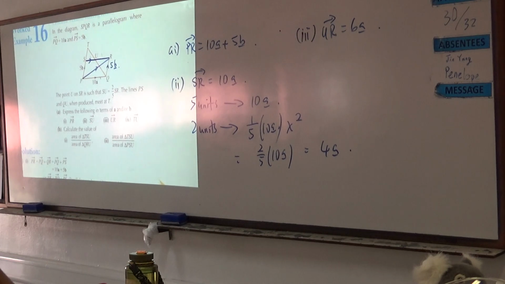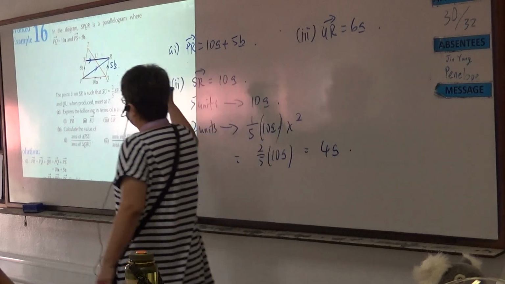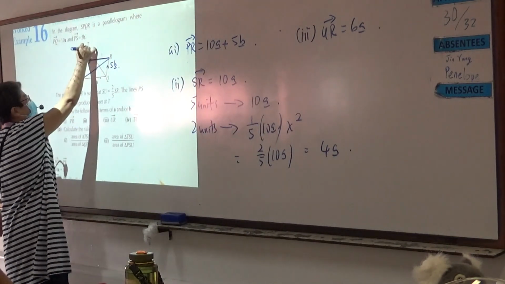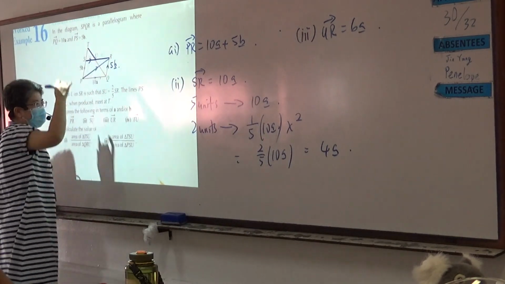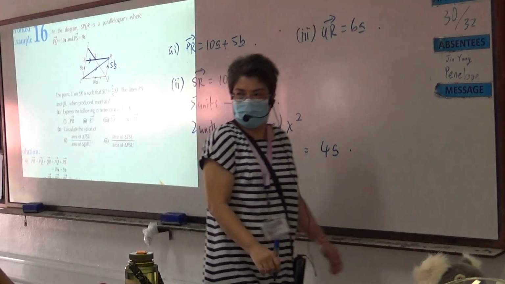Alright, good. Next, they want TU. They want this TU. How?